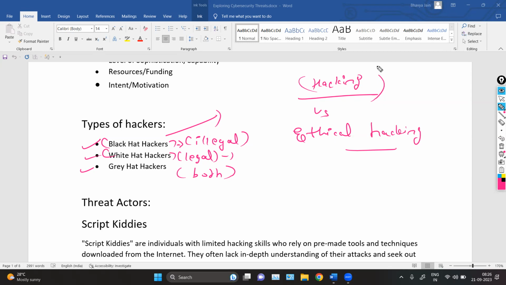That is simple hacking. And what is ethical hacking? Ethical hacking is all about replicating or mimicking the behavior of the malicious hacker, mimicking the actions of the malicious hacker.